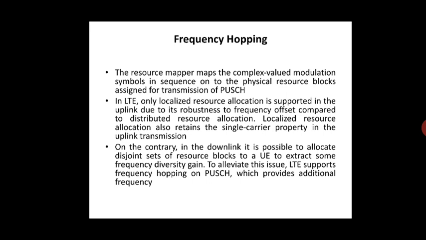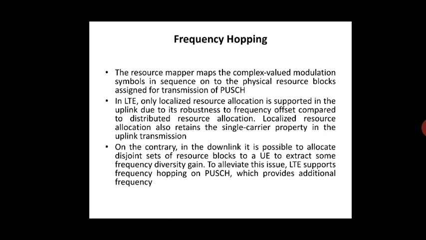To alleviate this issue, LTE supports frequency hopping in PUSCH, which provides additional frequency for communication. Also, frequency hopping provides diversity gain in uplink. Frequency hopping can also provide interference averaging when the system is not 100% loaded.